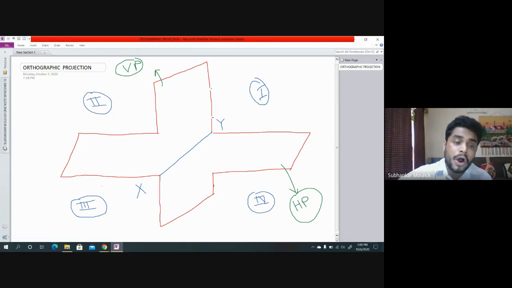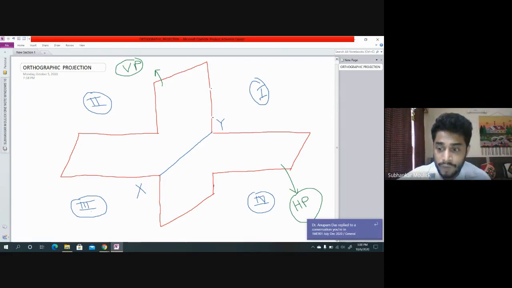Only the second problem you have to solve in the third angle projection method. Remember, in orthographic projection, if nothing has been told about where your object is placed, you will always solve the problem by the first angle projection method. Is it clear to all of you?